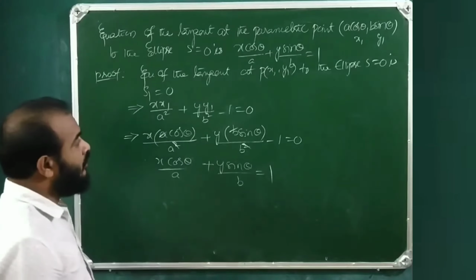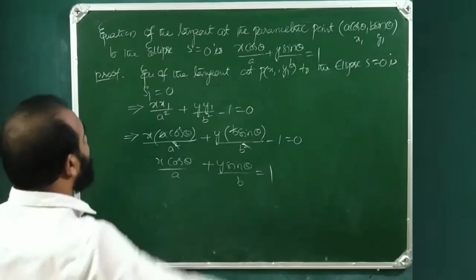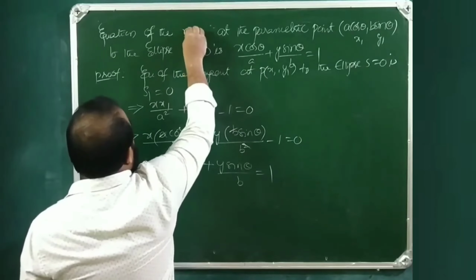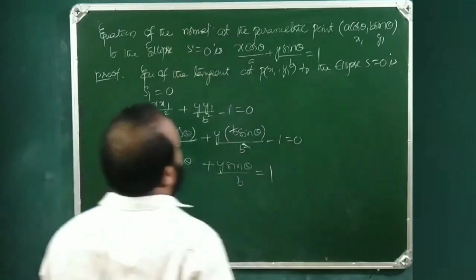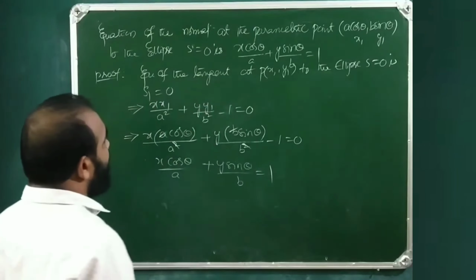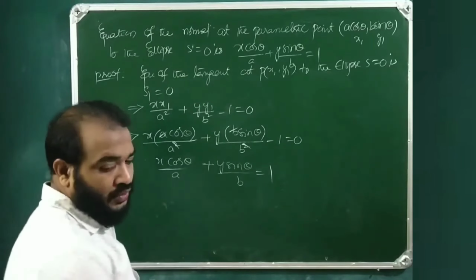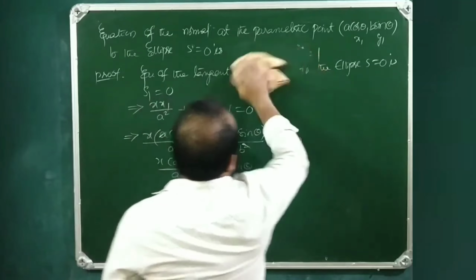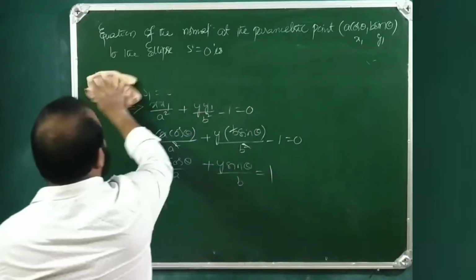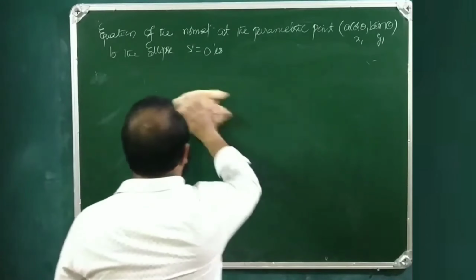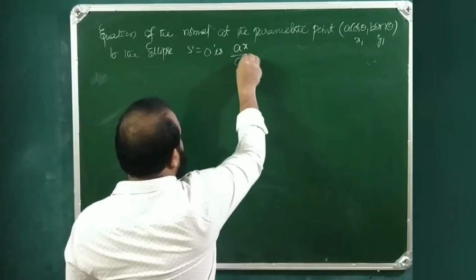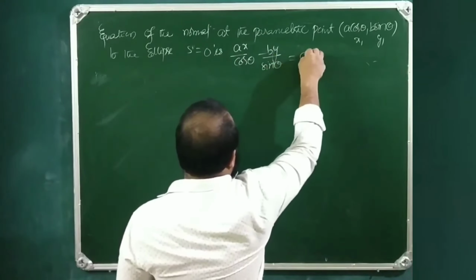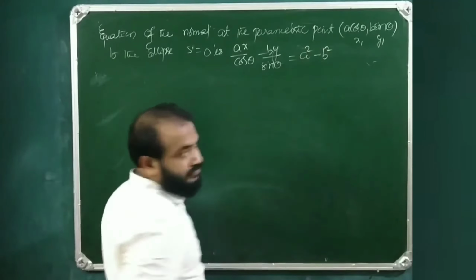So now let us see the equation of the normal at the parametric point (a cos theta, b sin theta) to the ellipse S equals to 0, which is ax by cos theta minus by by sin theta is equals to a square minus b square.